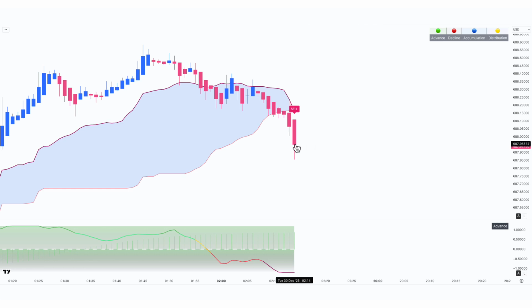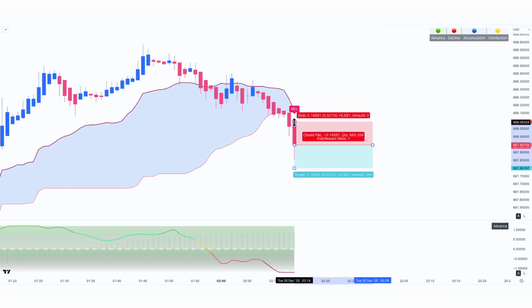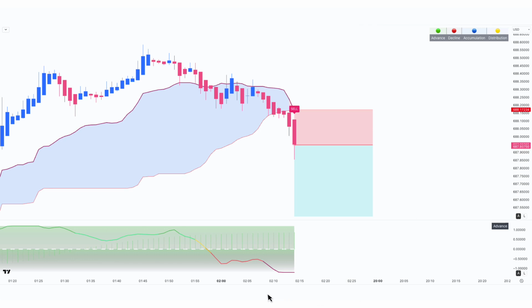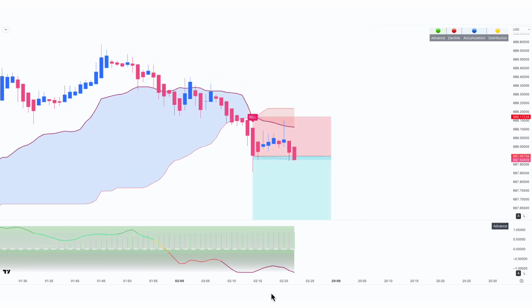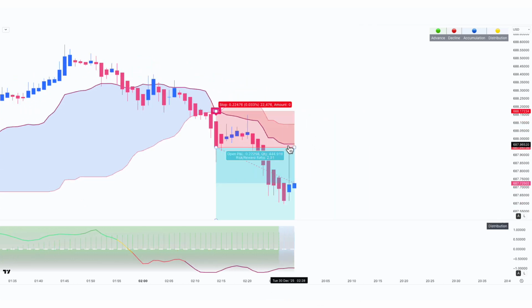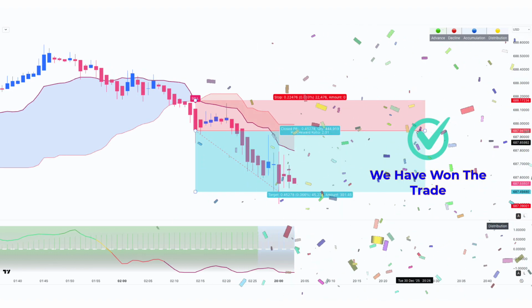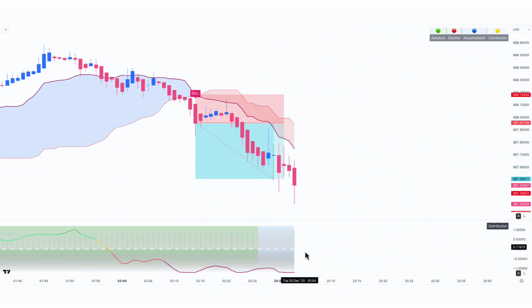So all our conditions are being fulfilled. So we are placing an order to sell. Our stop loss is to be placed at the maroon line, and the risk to reward ratio will be 1:2. Let's see what happens to our trade. Our trade is running in profit. We have won the trade. Let's find the next trade.